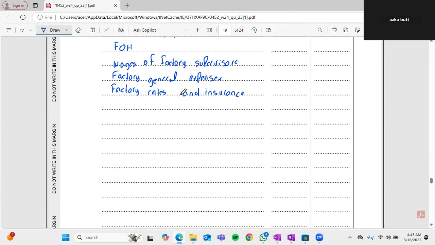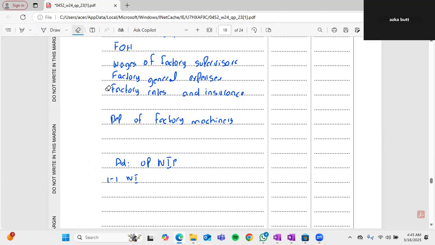And depreciation of factory machinery. And you have to add opening work in process less closing work in process.